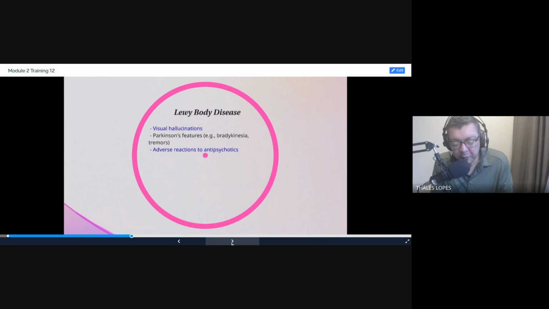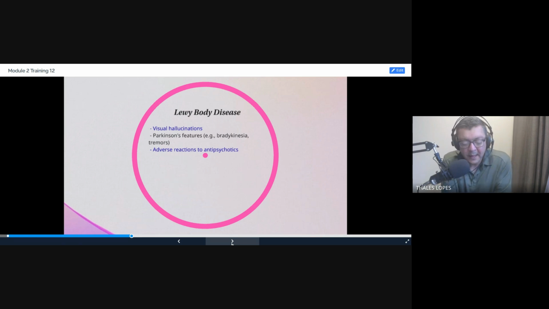I would be comfortable in saying all patients with hallucinations, other than drug usage, right? You could possibly give an antipsychotic, not with Lewy body. That's a test question. That's very classic.